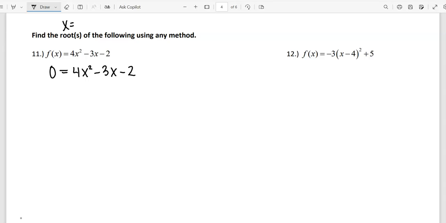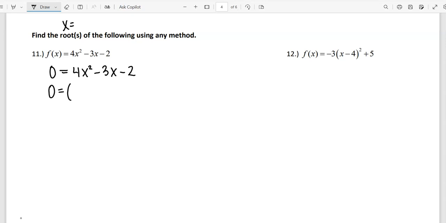What are your factors of 4? 1 and 4, 2 and 2, and then what are the factors of 2? 2 and 1. Tell me which ones don't go together. Which numbers can you not put in the same factor together? 2 and 2 or 2 and 4. So we're very limited in what we can factor here.